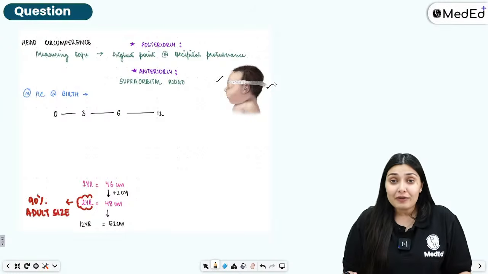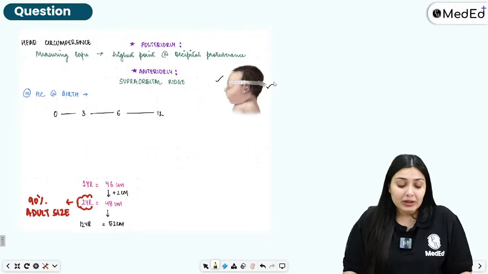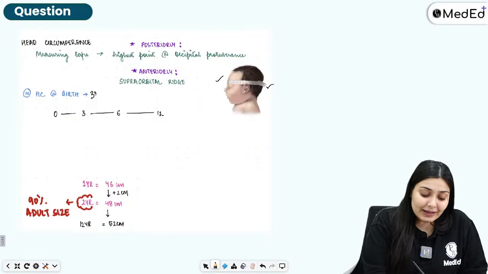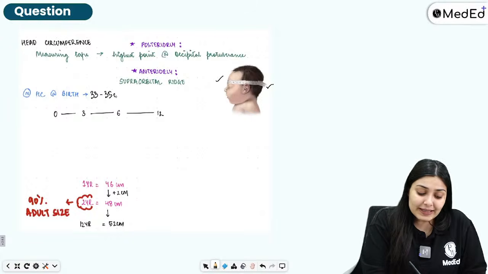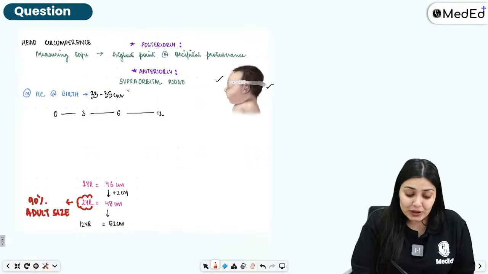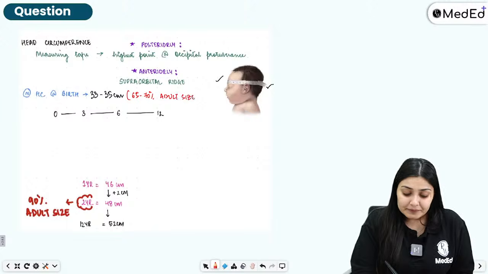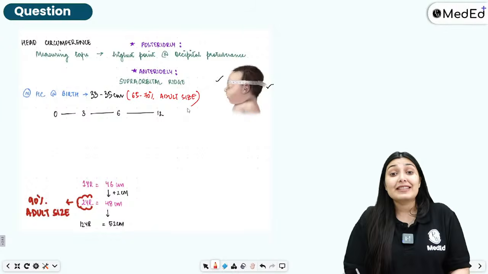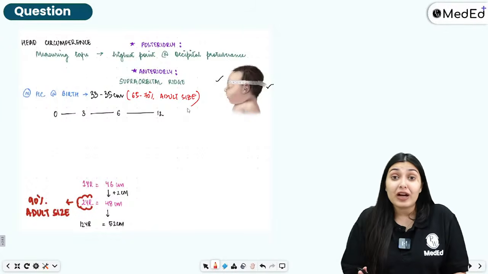Normal head circumference of a term baby at birth is 33 to 35 centimeters. This is 65 to 70% of the adult size.